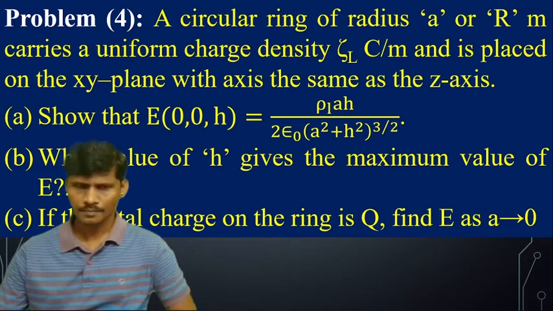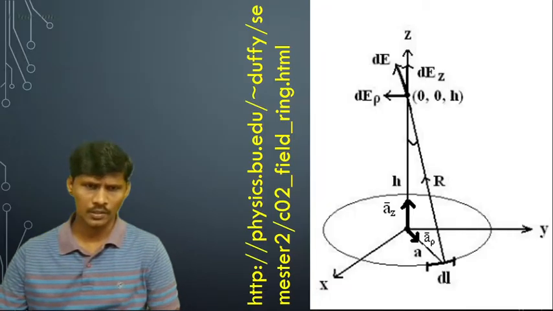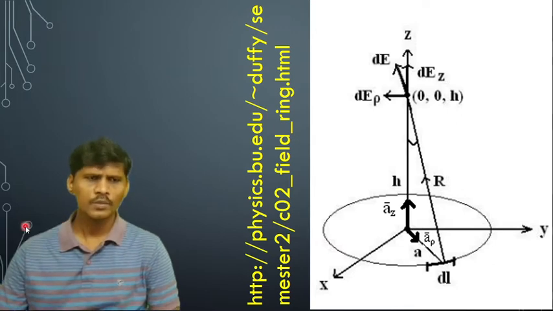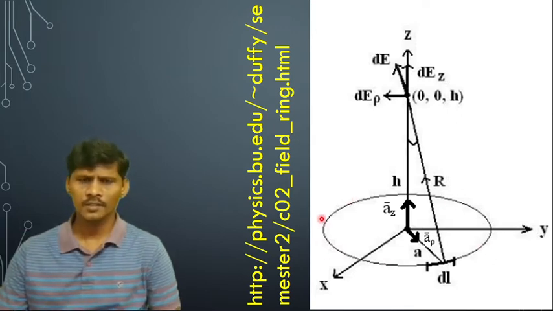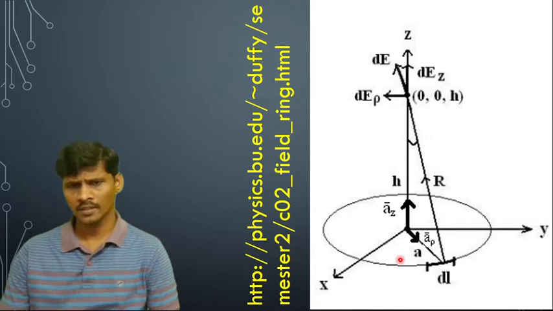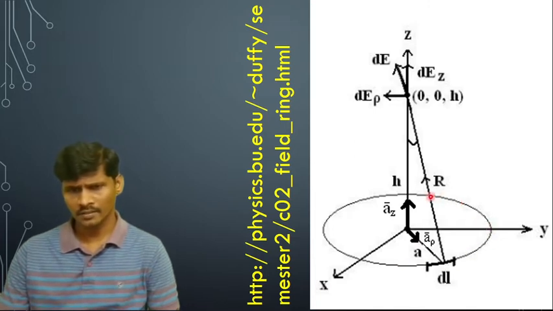Now coming to the solution. Here the charged circular ring is placed in the xy plane with the center at the origin, and this is the circular ring.